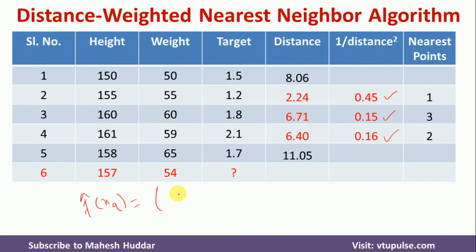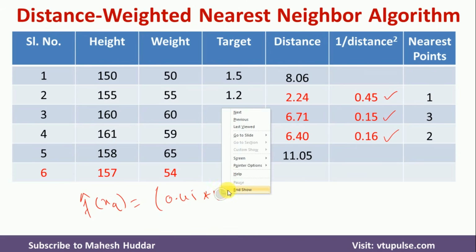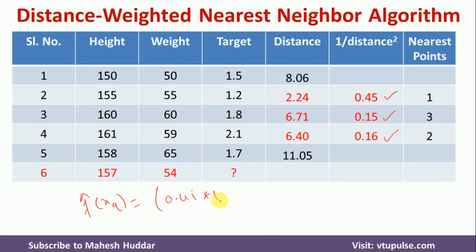So first I will take this wi, that is 0.45 multiplied by 1.2 plus 0.15 multiplied by 1.8 plus 0.16 multiplied by 2.1 divided by summation of weights, that is nothing but 0.45 plus 0.15 plus 0.16 here.